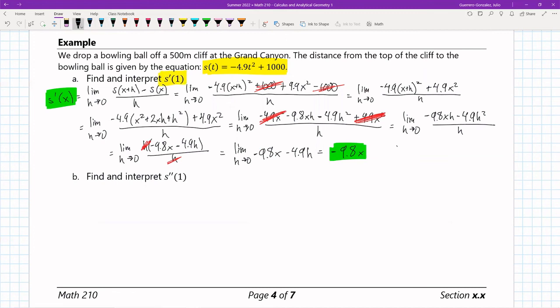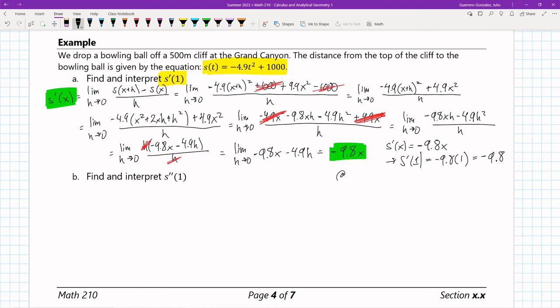So s prime of x is equal to negative 9.8x, then s prime of 1 is negative 9.8 times 1, which is just negative 9.8. This says that at 1 second, the velocity of my bowling ball is negative 9.8 meters per second.